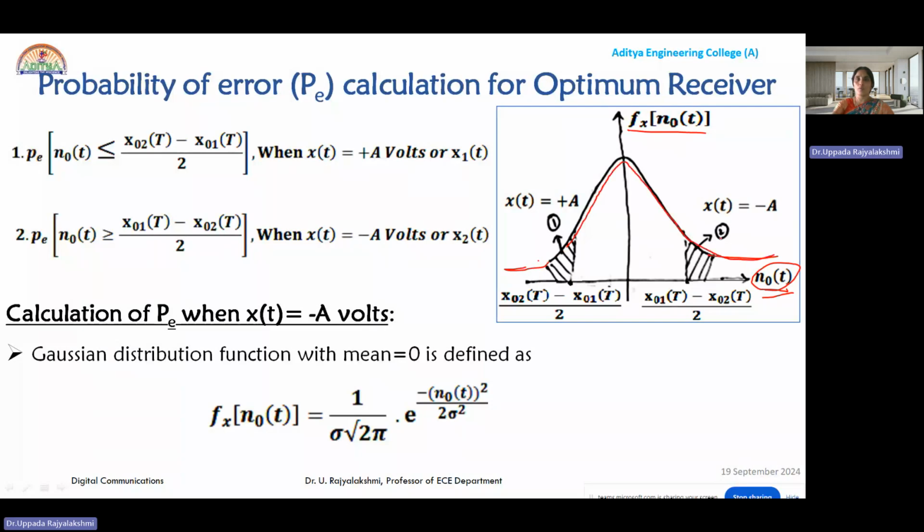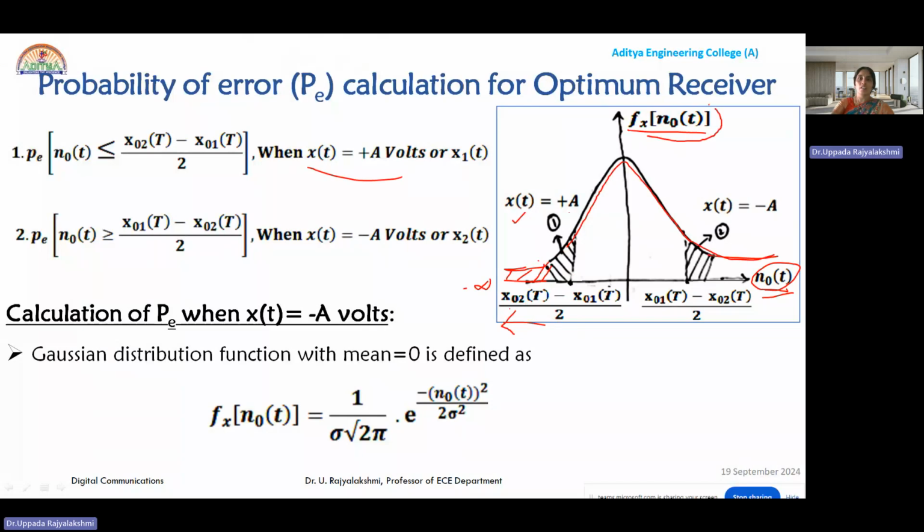In the last slide we evaluated that when the input is at the positive level, an error will occur when the noise component is less than or equal to x naught 2 of t minus x naught 1 of t by 2. So, in order to evaluate the error for x of t equal to plus A, you have to integrate from minus infinity to x naught 2 of t minus x naught 1 of t by 2.